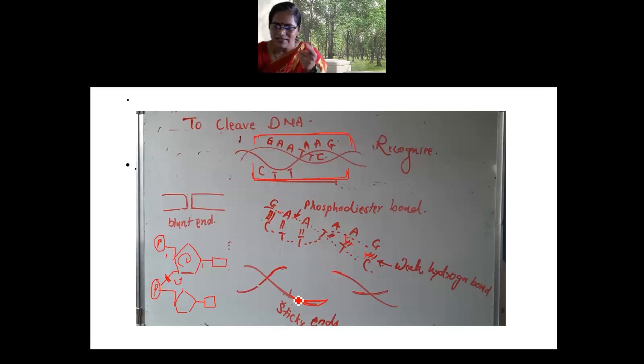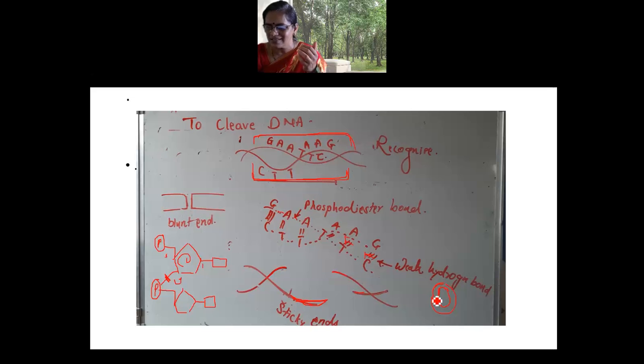Because whenever such DNA is introduced into a plasmid, we have seen that during recombinant DNA, if one strand is longer and the other is shorter, this is called the sticky strand, because the desired gene which is introduced gets attached with the help of the sticky strand.